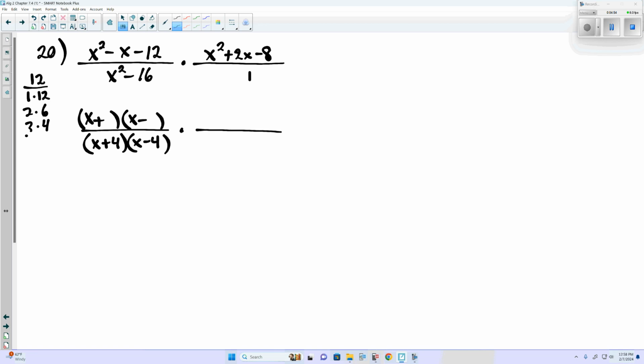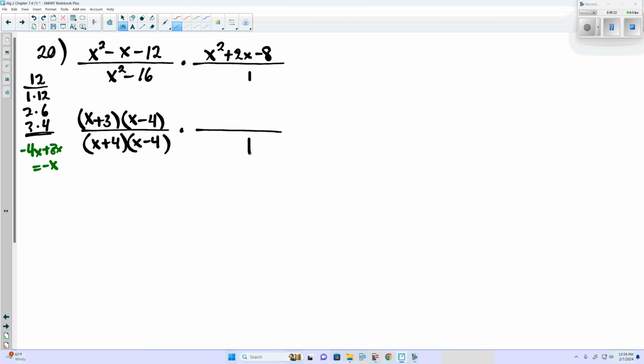I'd go with 3 and 4 because if we put it 3 and 4 or 4 and 3, either way, we do get something in common on top and bottom. Now, if we check this here just to make sure, x times negative 4 is negative 4x. 3 times x is plus 3x, giving us negative x, the middle term we wanted. So those are the factors that we want.